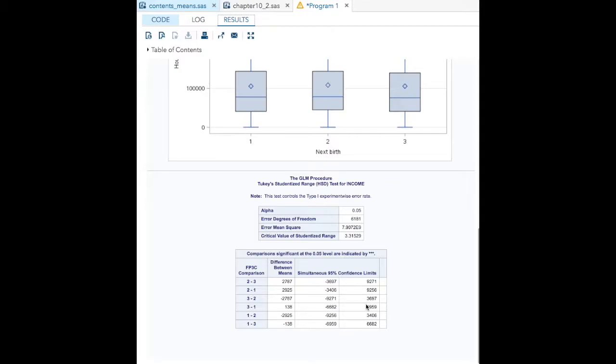So, yeah, nothing. Comparisons significant at the 0.05 level are indicated by an asterisk. Nothing is significant, which makes perfect sense given the F statistic we had, which showed that the difference between means is highly likely to have occurred by chance.